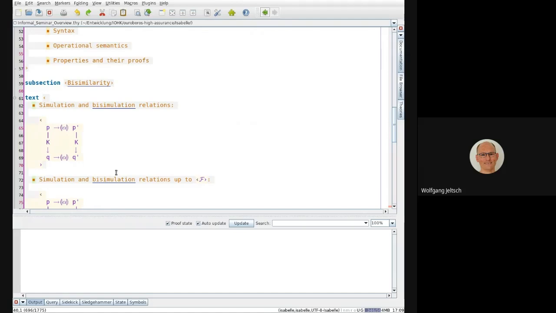However, reasoning with that is a bit difficult, because if you, for example, do a simulation proof, you must check that for every weak transition from P to P prime, there's a corresponding weak transition from Q to Q prime. And then you have to go through all these possible weak transitions, and there are, in a sense, more of them than there are original or strong transitions.